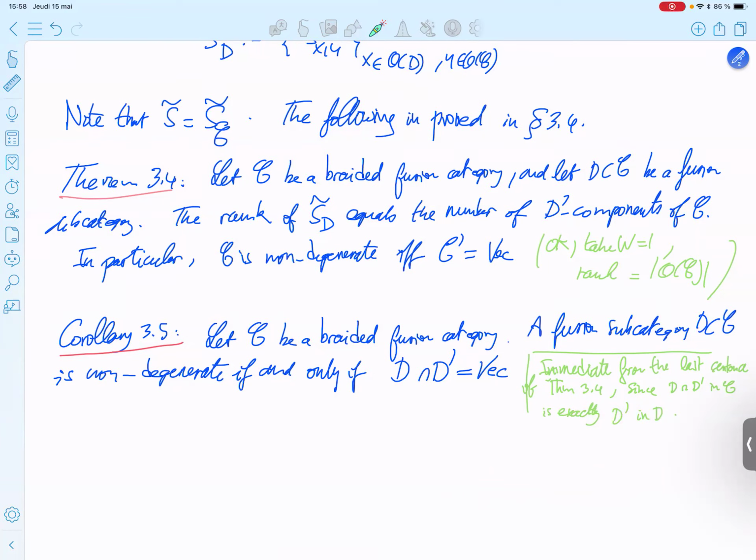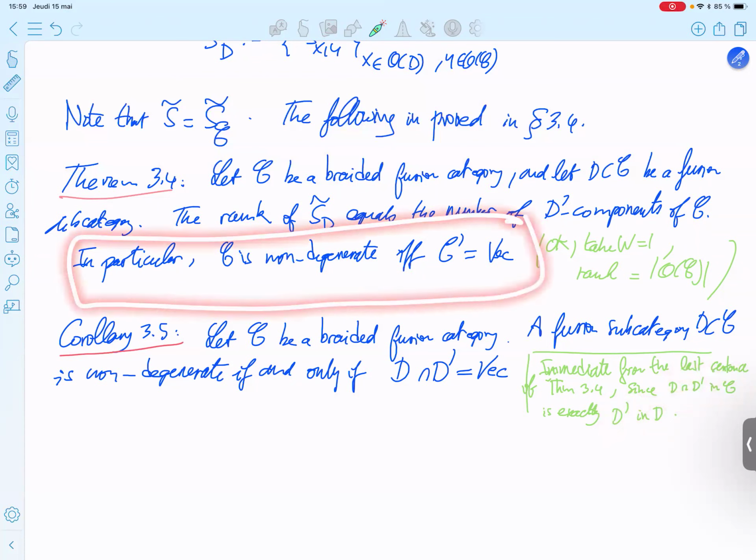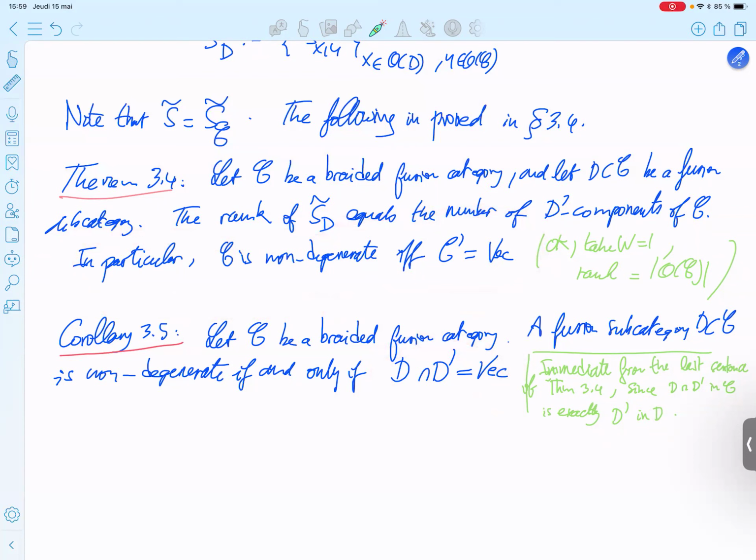Here the notation is the centralizer as a subcategory of C, but in D I said this is a centralizer as a subcategory of D. But these two are the same. You can apply this last sentence here, and this is immediate.